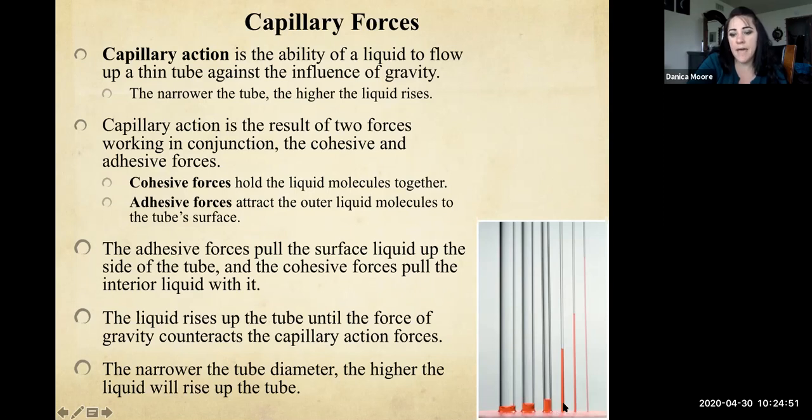So capillary action happens because the smaller the tube is, the more the adhesive quality starts to dominate the behavior. The cohesive forces are still pulling on the interior liquid, but the thinner the tube is, the more adhesive interactions there are and the less cohesive interactions there are. Does that make sense, guys?